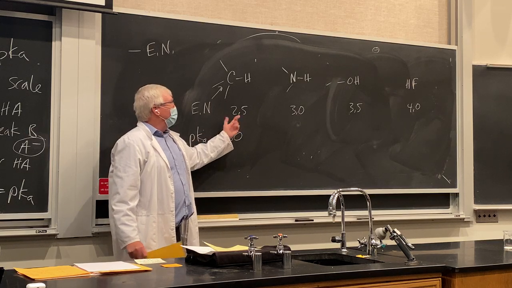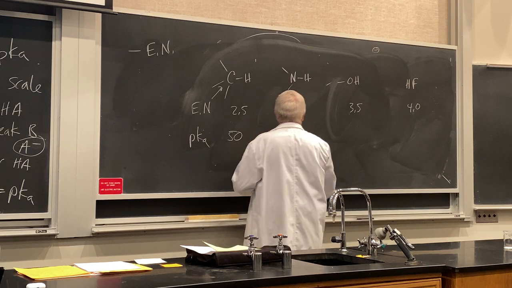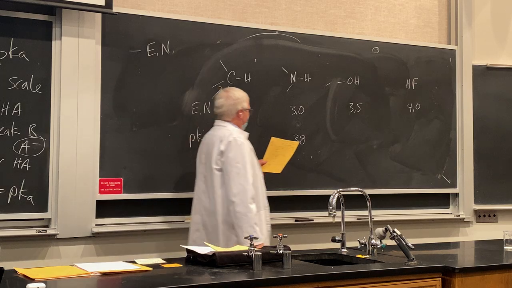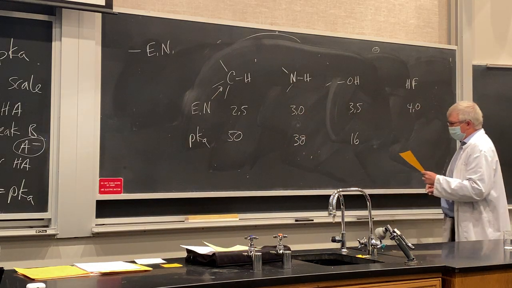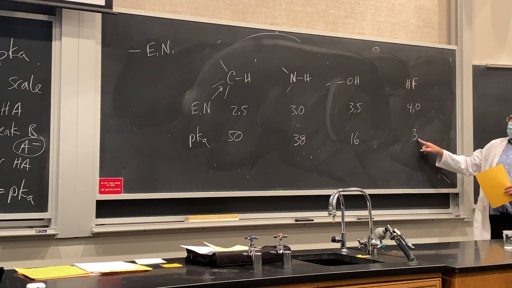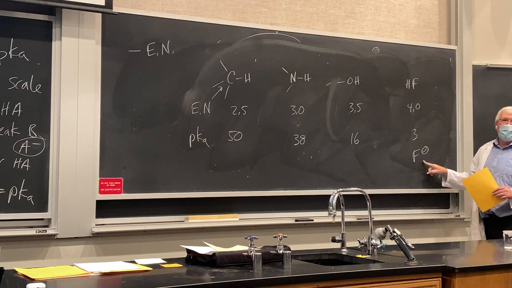Electronegativity, 2.5, okay? And then nitrogen, 38. We have an amide, or an amine. And then water, or alcohols, about 16. And then HF, about 3. So you see them getting progressively more acidic. And so the resulting conjugate base is what?